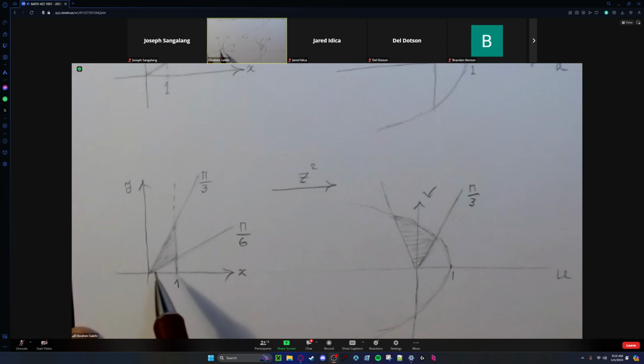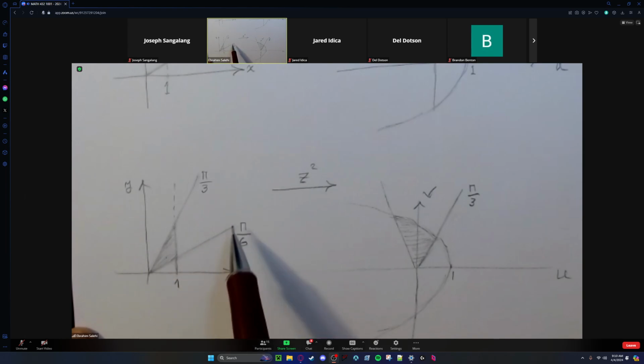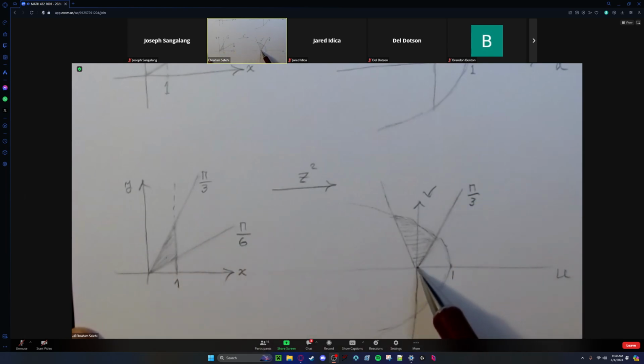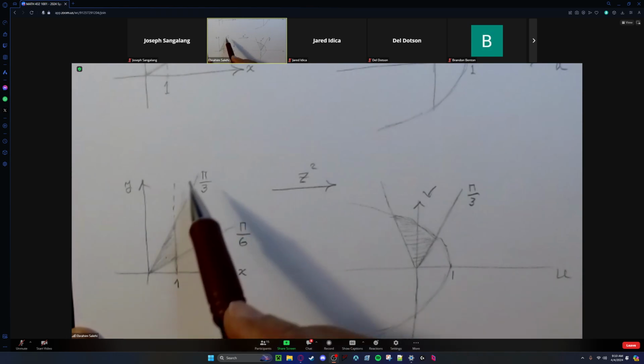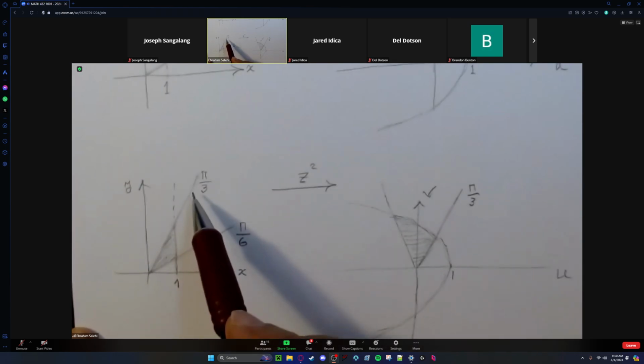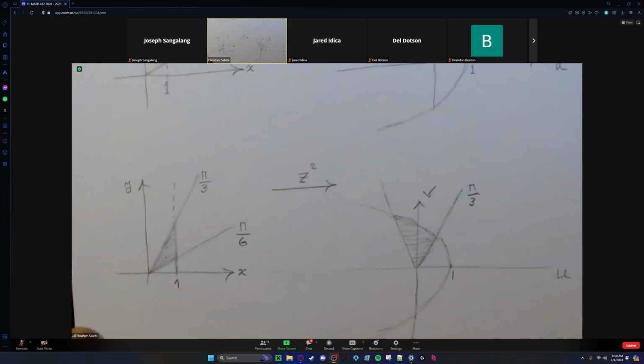Well, this theta equal pi over 6 becomes pi over 3. This pi over 3 becomes 2 pi over 3, right? This is 2 pi over 3. And this x equal 1 becomes this parabola. So the image of this triangle under z squared is this shaded area, right?